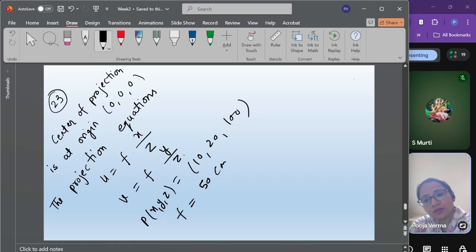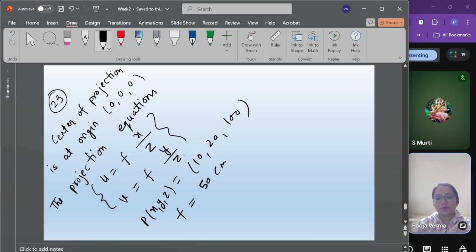Now in the projection equations we can put in these values and find the new points u and v, or you can say the projected image coordinates. So just put in these two equations, what will be the value?